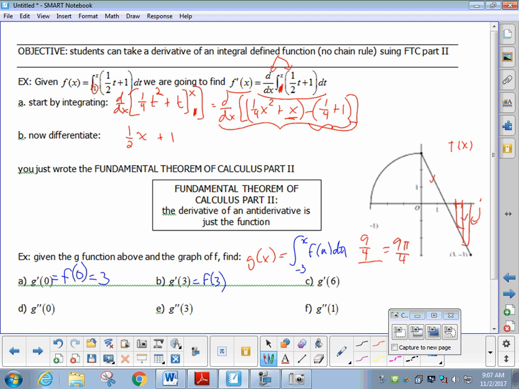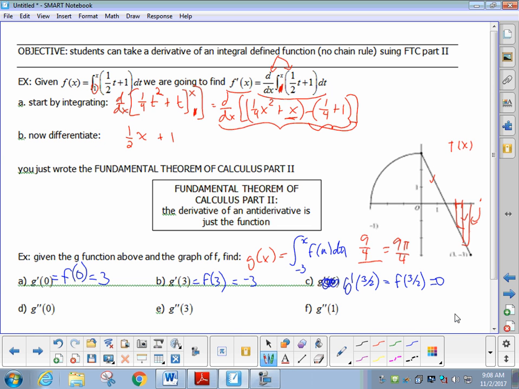F at 3, according to the graph, is -3. And I don't know what g prime at 6 is. That's crazy talk. Let's go g prime at 3 halves. What is g prime at 3 halves? F at 3 halves, which is 0.